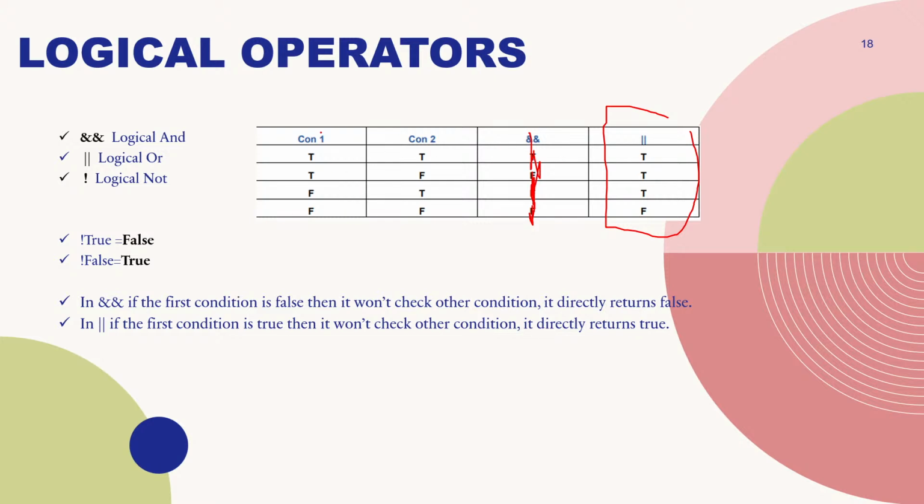Logical OR will work on both the conditions, guys. Condition 1, condition 2. That means operand 1, operand 2. If both are true, it will give true. If either one is true, it will give true, guys. Maybe the first condition is true and the second condition is false. When we use the logical OR condition, it will give a true output only, guys.